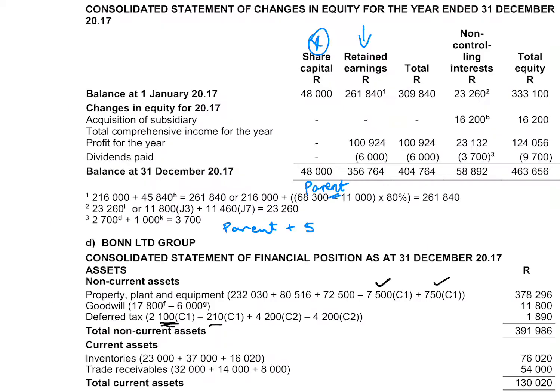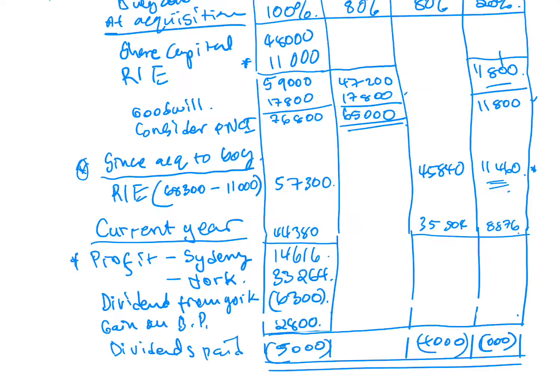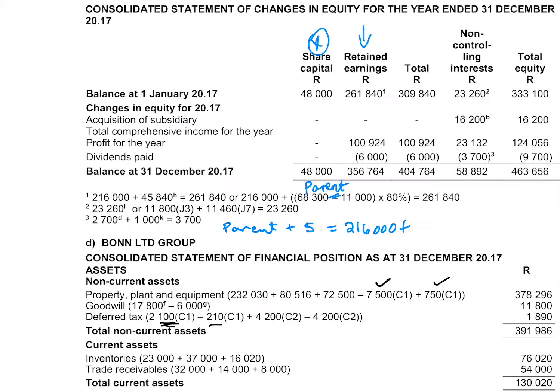So it will be 216 plus the amount that is there on the analysis of the subsidiary. How much is in the analysis of the subsidiary? Retained earnings 45,840. So you go and add plus 45,840. That will give us 261,840.